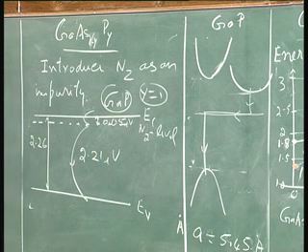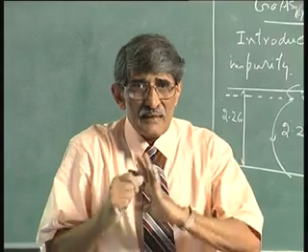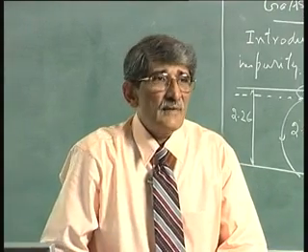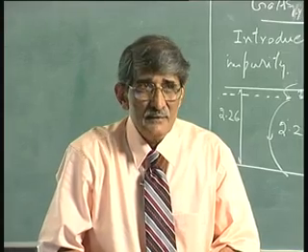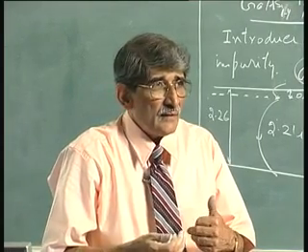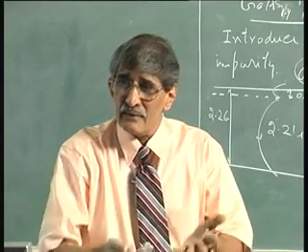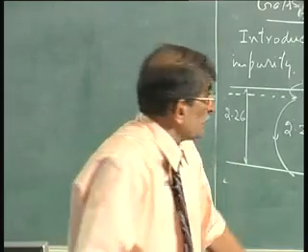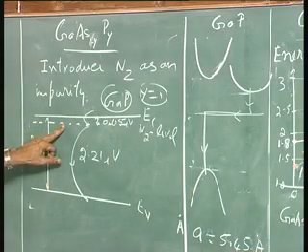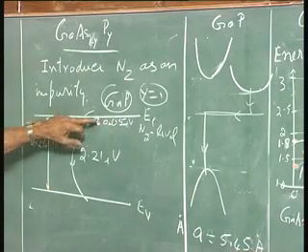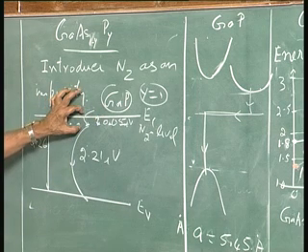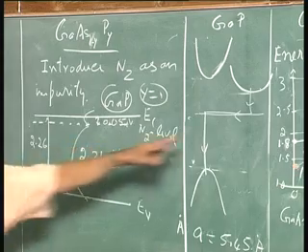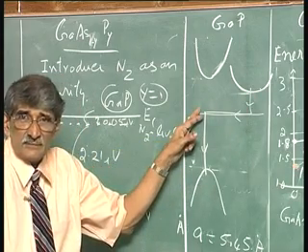What we are trying to point out is, gallium phosphide is an indirect band gap semiconductor, it will not emit light of the wavelength that you require, because it is not able to make the direct transition. But if you introduce a level like this, it will make a transition in a two-step process, where momentum is conserved in the first step.